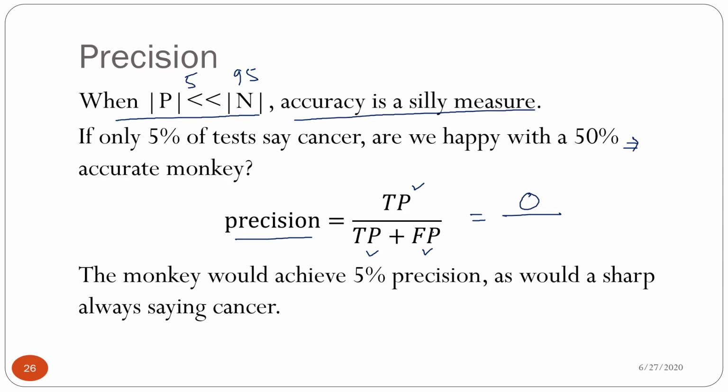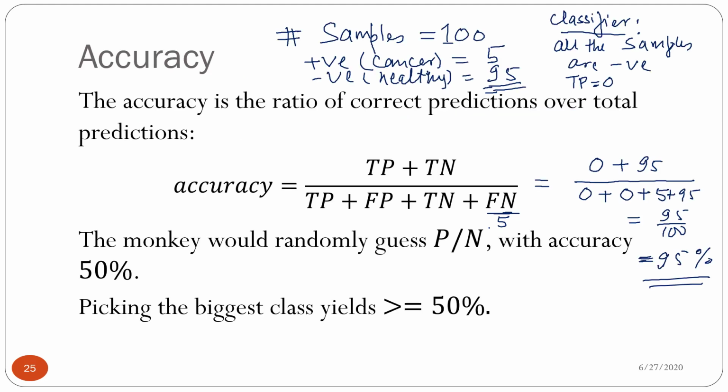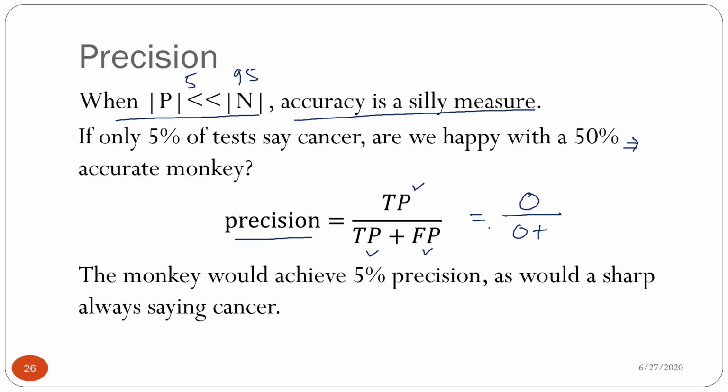Actually here it's coming out to be 0 by 0, which is 0 plus false positive, and you don't have any false positive here. So this is an extreme case. We will have to change this a little bit so that we don't get 0 by 0.